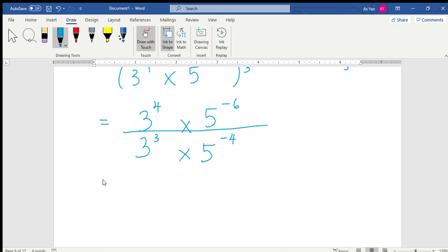Followed by simplification of the same base. So 3 to the power of 4, divide means minus, so minus 3, times 5 to the power of negative 6. This negative 6 is substituted here. Divide means minus, so minus negative 4.